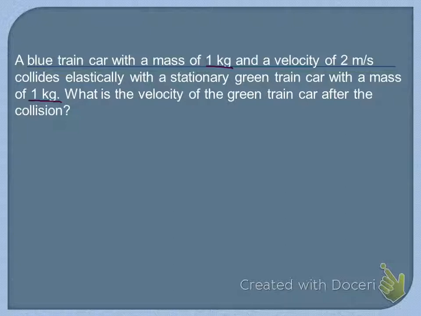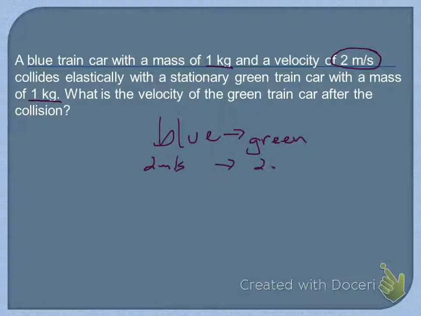This is basically what we just saw. So the velocity of 2 meters per second is going to transfer from blue to the green train car. The blue had 2 meters per second before the collision, so all of that will get transferred to the green train car because they have the same mass.